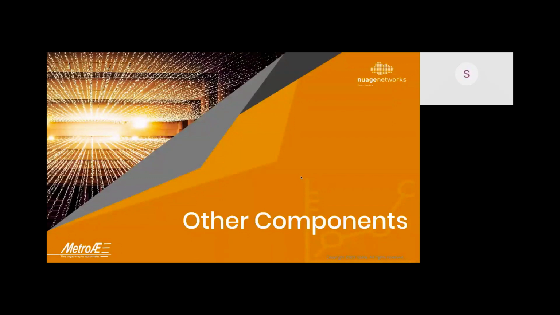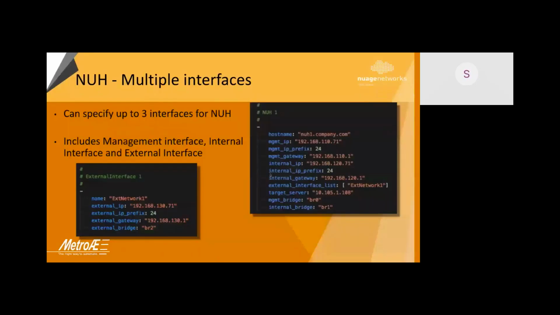I'll explain about the other component support that we have added to Metro. For the NUH, we have added support for adding three interfaces. One management interface is the mandatory one. We optionally support adding an internal interface as well as one external interface.